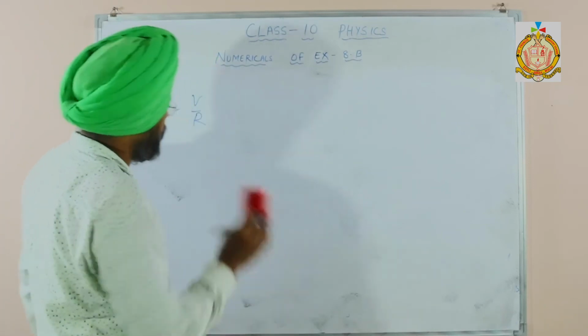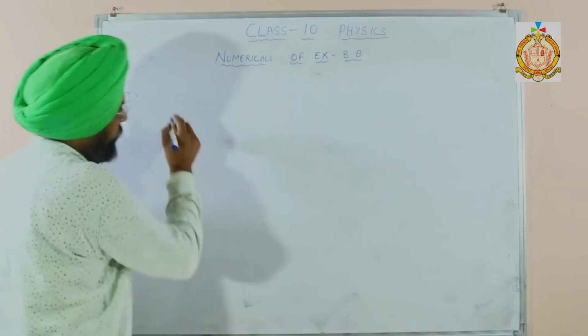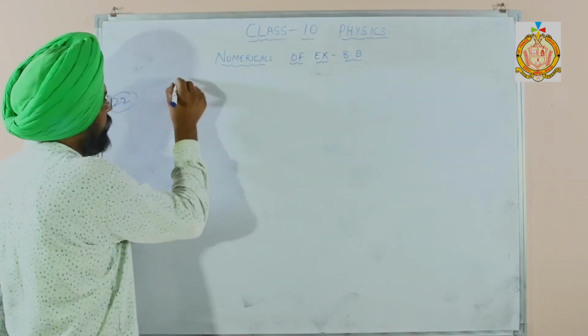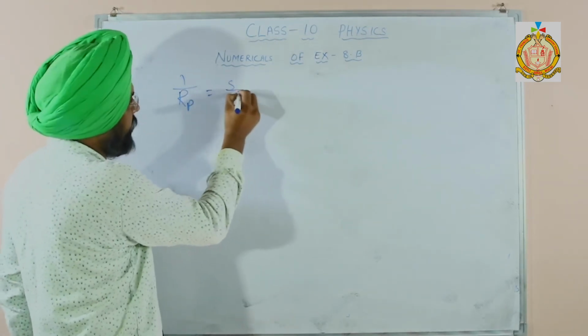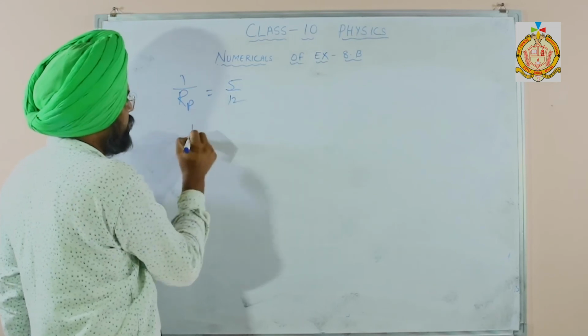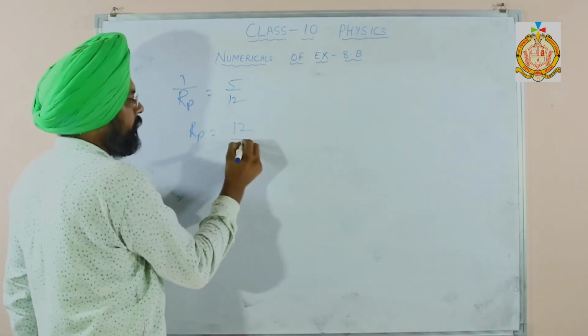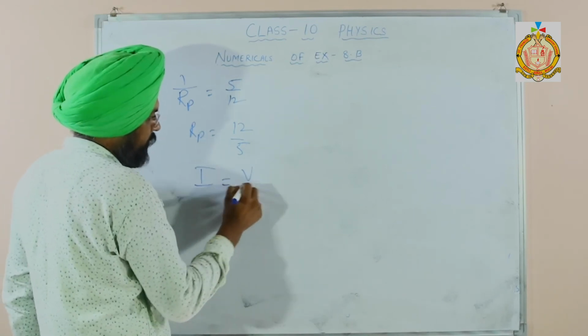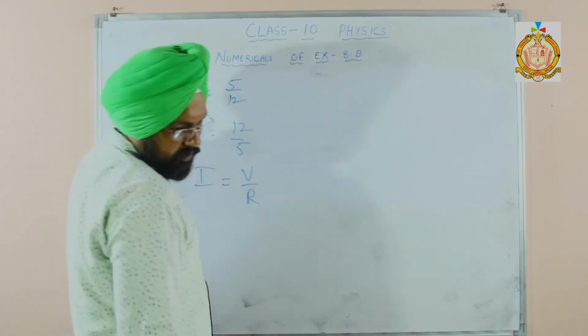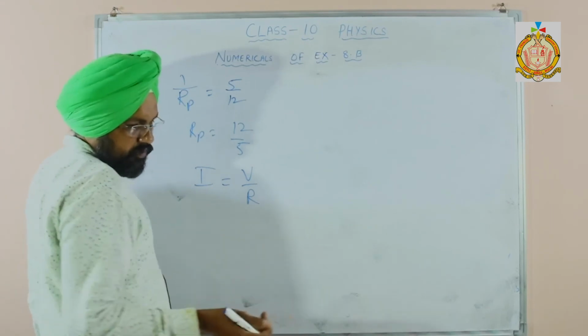Firstly, when we find that they are in parallel, for R parallel we get 1 upon R parallel. After taking the LCM, we get 5 upon 12. So R parallel will be 12 upon 5. Then we need to find the potential difference: V is equal to IR.